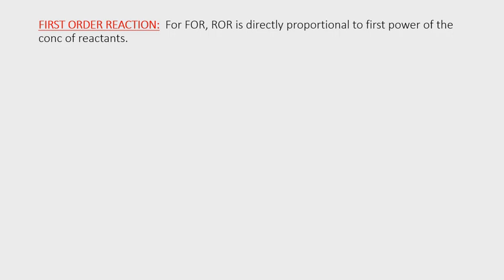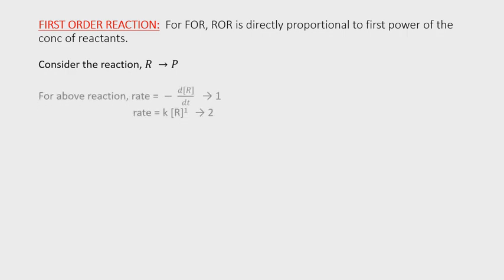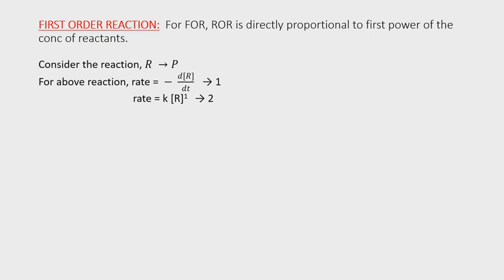So now look here, what is a first order reaction? For a first order reaction, the rate of reaction is directly proportional to the first power of the concentration of reactants. Consider the reaction R gives P. We know rate equal to minus dR by dt.